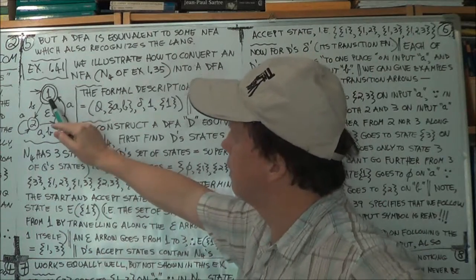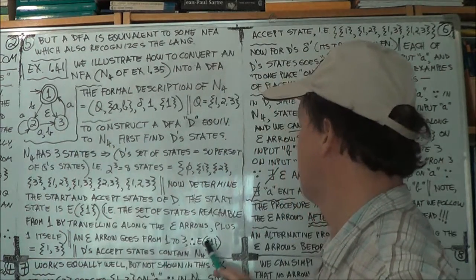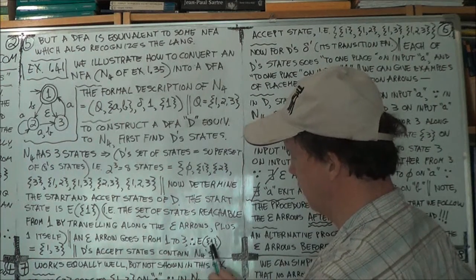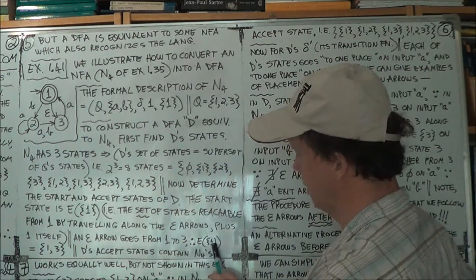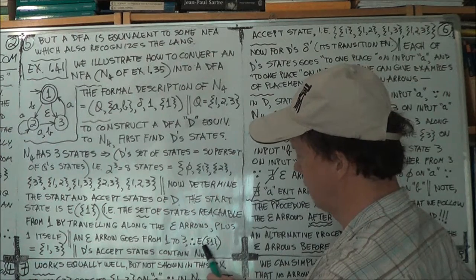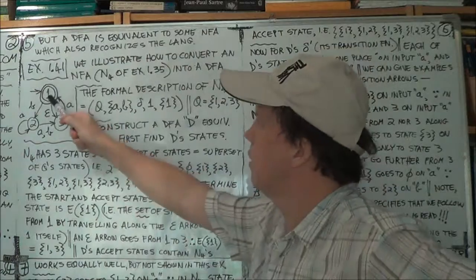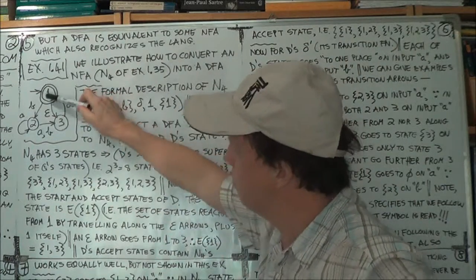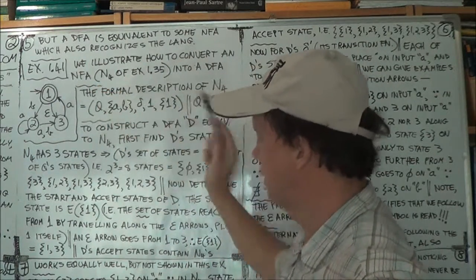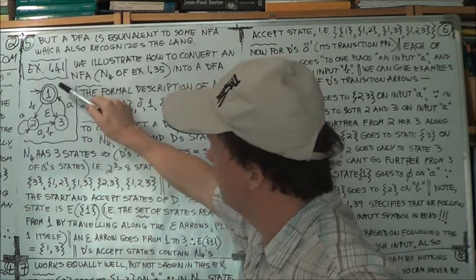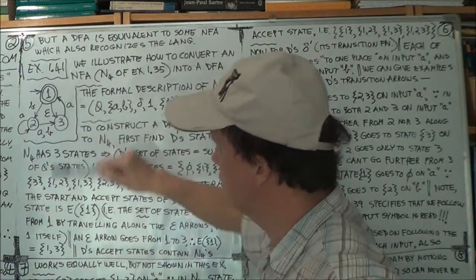Well, the starting state obviously has a 1 in there. So it'll be E of this. That will include the 1 itself and the state that it points to. So the starting state for your D will be the set containing 1 and 3.